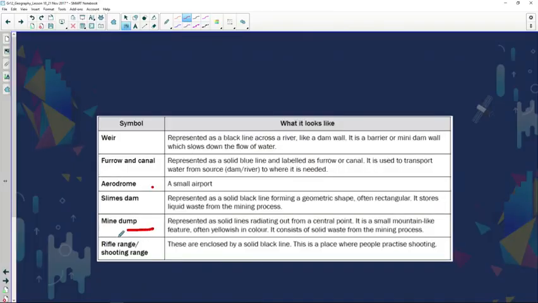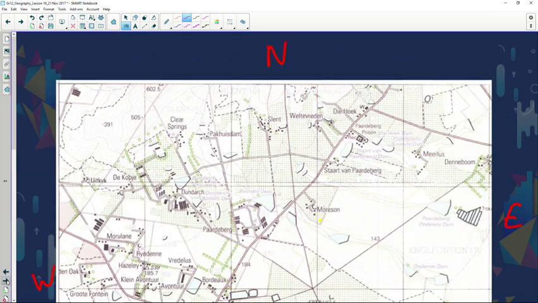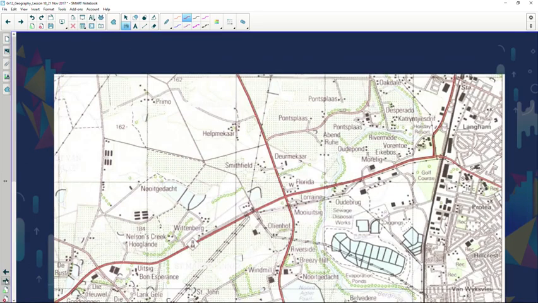If we go back to the mine dumps, for instance, over there, it's also indicated on your references to be able to identify the type of activity taking place, and I'll quickly show you.